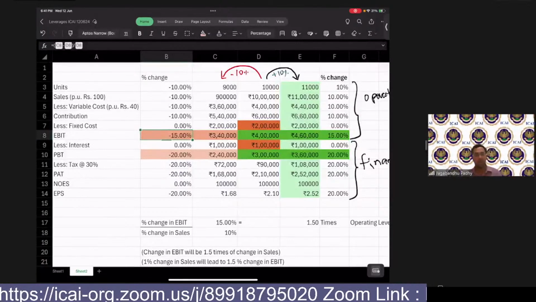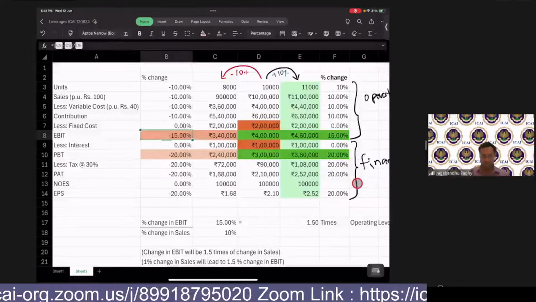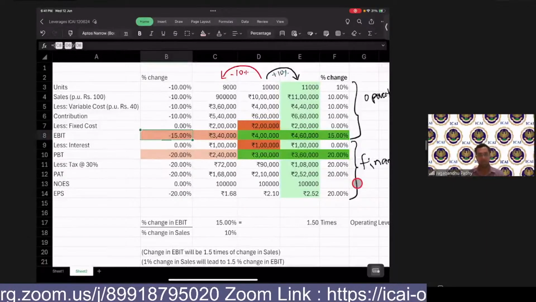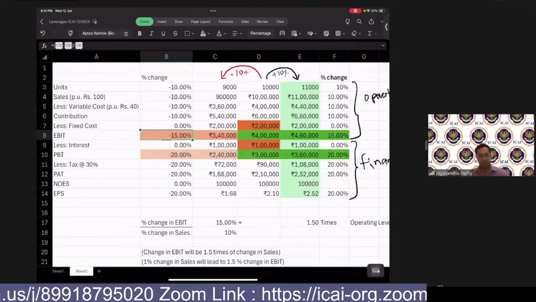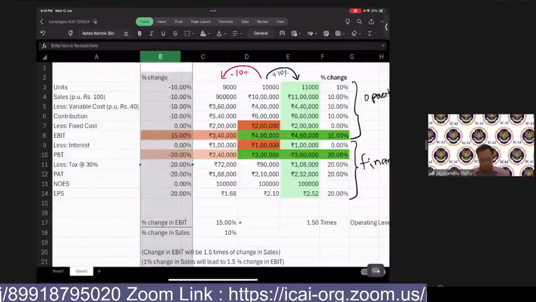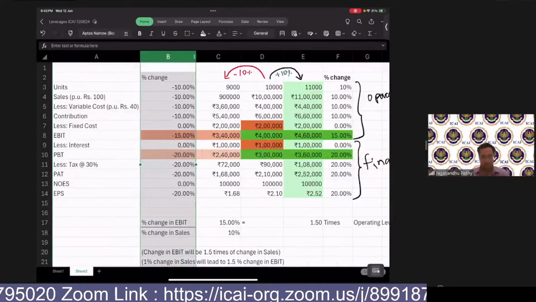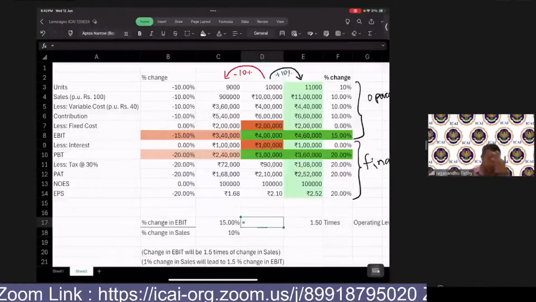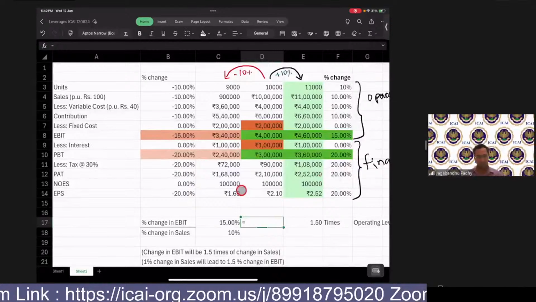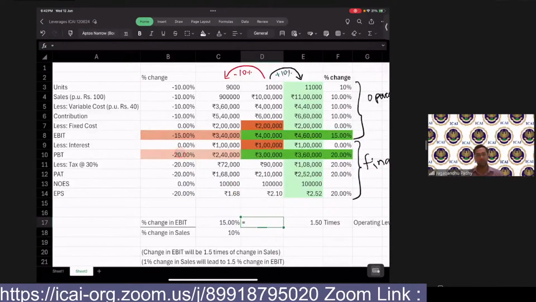So it's good as well as bad, because you can attain greater results with smaller efforts. You're also going to lose to a greater extent if you reduce your effort by a smaller amount.